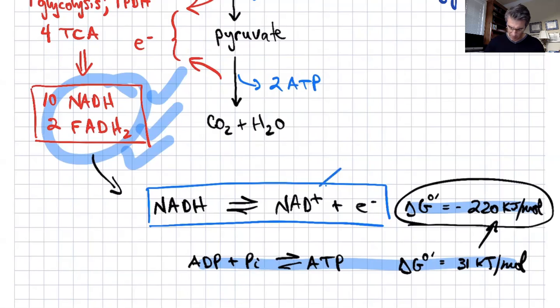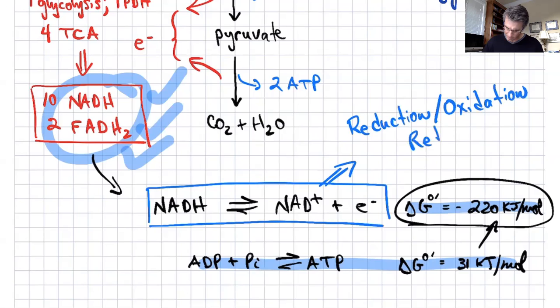So this requires us to think about a certain type of chemistry, which I'm hoping you remember a bit of, which is of course reduction oxidation chemistry, or for short, redox chemistry. Understanding something of the free energies of redox chemistry is right at the core of why that energy is extractable in the way it is, and how we can ultimately use it to make ATP. All right, so we'll get started on that in the next video.